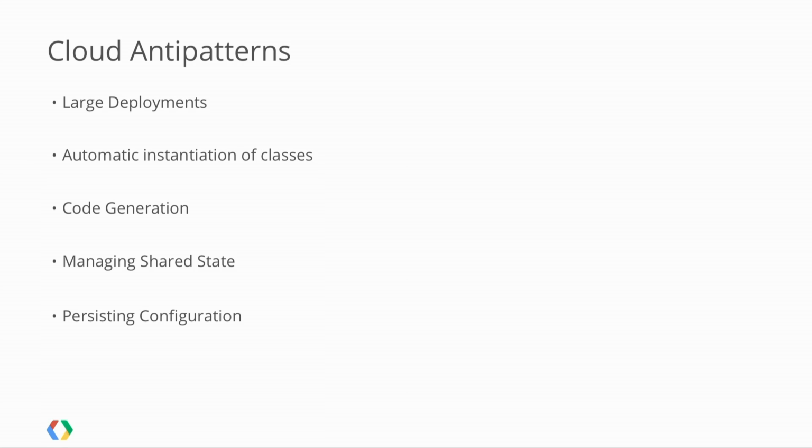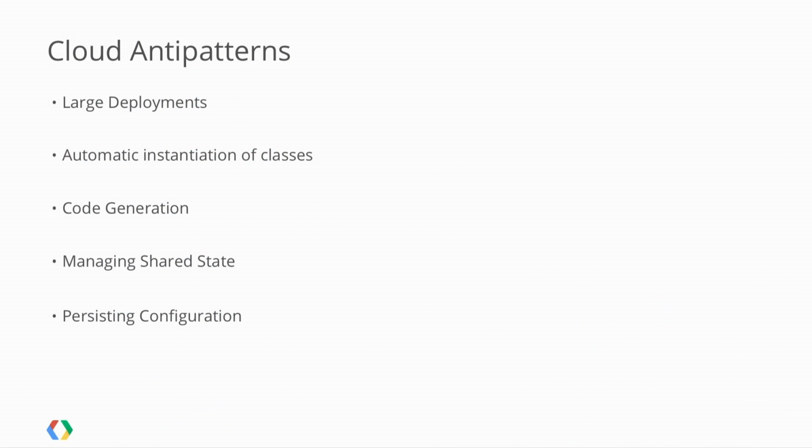Large deployments can be very complicated, and by that I mean deployments that have a very large amount of resources allocated to them. Things where you have very complex dependency structures. Automatically instantiating classes can be overly complex and can be very difficult for a platform as a service to keep up with.